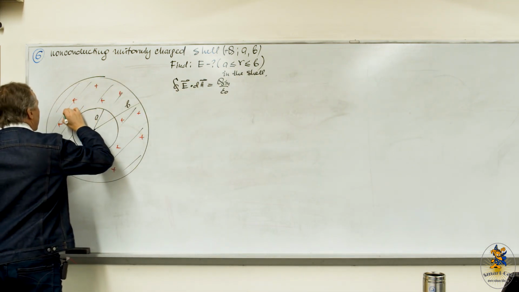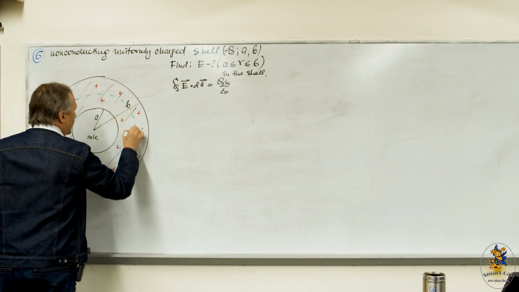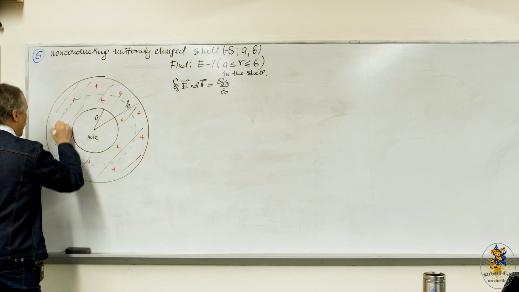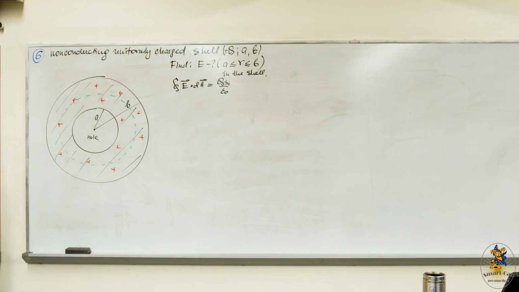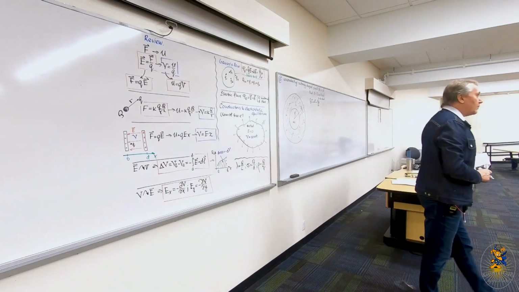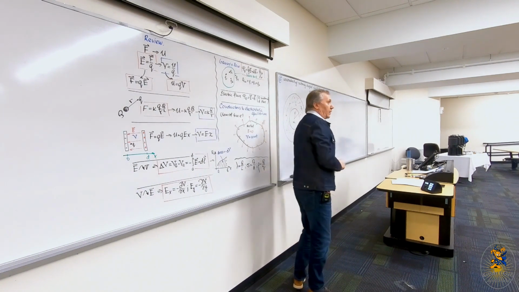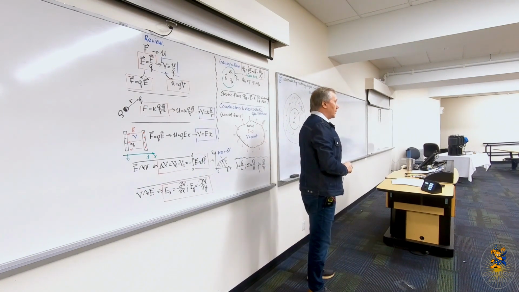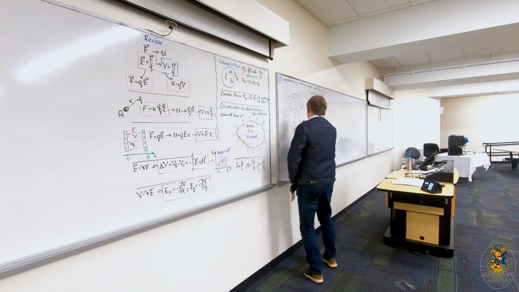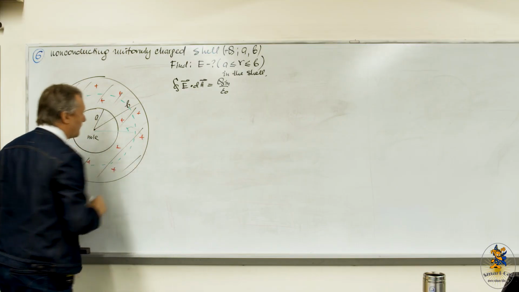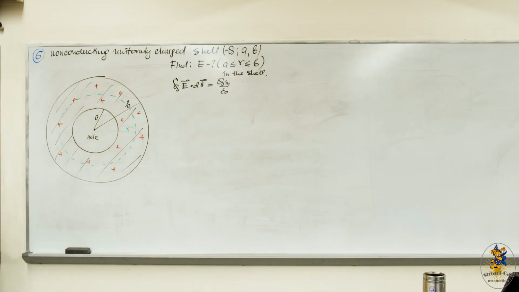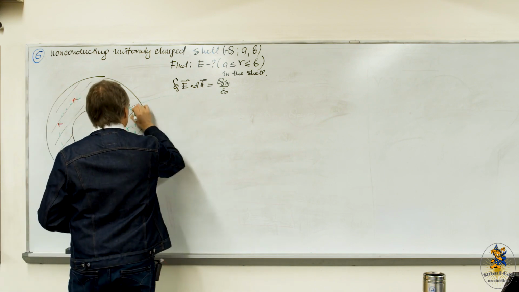Okay, again, you can use any Gaussian surface your soul desires, but of course you have to be smart or wise, and you need to solve the problem, so you need to pick the best possible. Right? So the best surface, of course, is concentric with our shell, between A and B, of some arbitrary radius r. Okay, so that's my Gaussian surface.